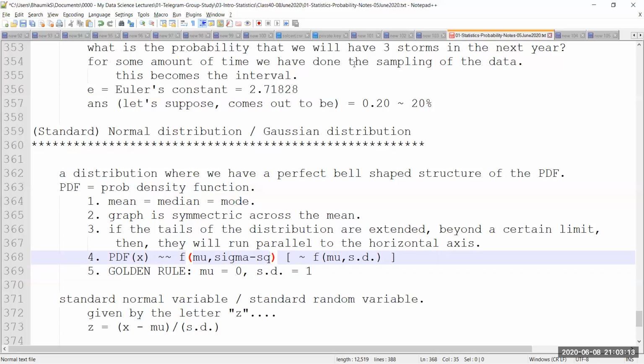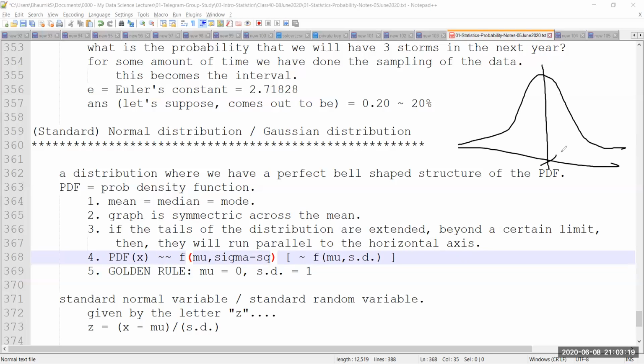But if you draw the PDF, if it looks something like this, then this value which is intersecting over here is 0. And every increment over here, every change of rate is by the value 1. So you can clearly say you have a range of numbers which is 0, 1, 2, 3, 4, or maybe -1, -2, -3, -4 on the left side, and on the right side, let's say I again have 4 numbers, 1, 2, 3, 4.